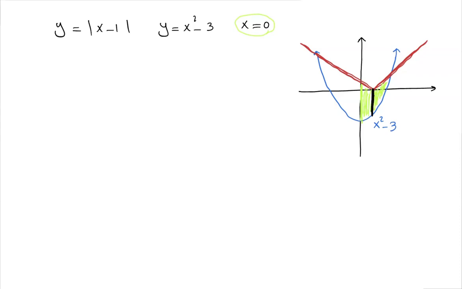So basically, your job is to analyze your absolute value. Otherwise, you get a wrong answer if we just get rid of this absolute value without analyzing it. So y is equal to x minus 1 if x is greater than or equal to 1, and when x is less than 1, you have to put a negative sign in front of your absolute value.